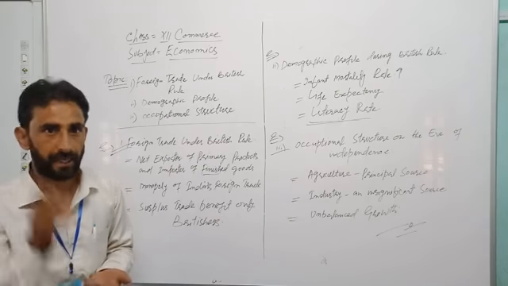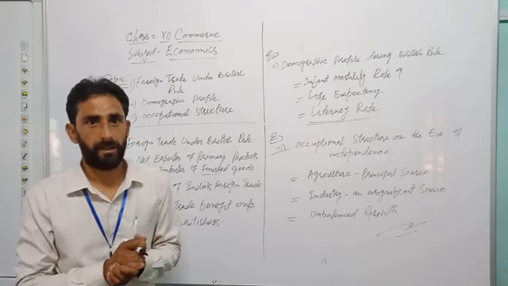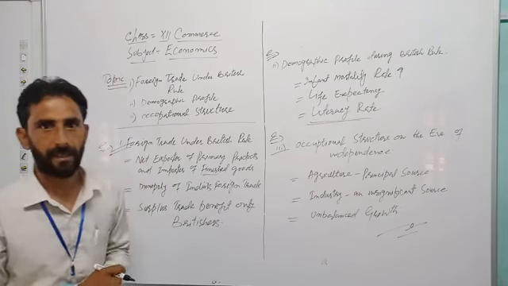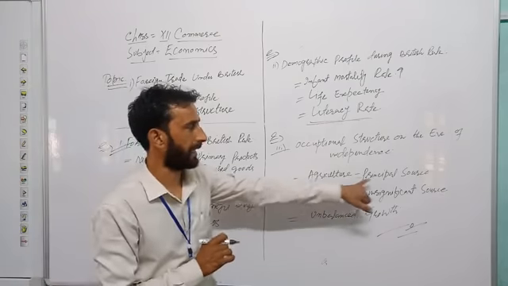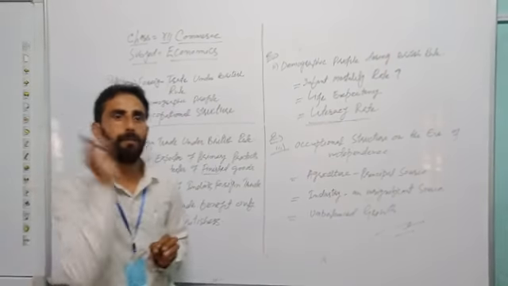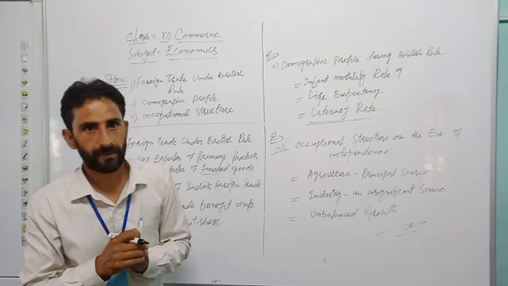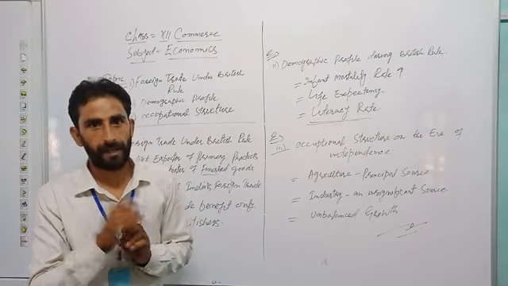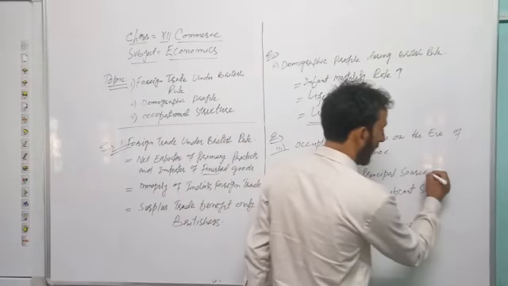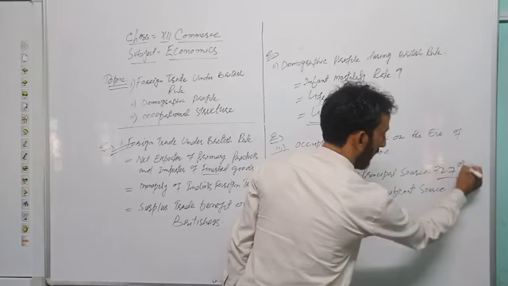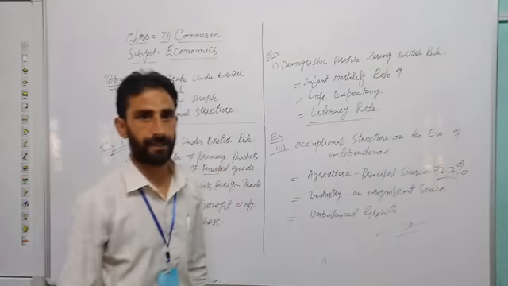But the majority of people during British rule were working in agriculture. That is why it is mentioned here: agriculture, a principal source of occupation. Near about, if I am not wrong, 72.7% of people were working in the primary sector.